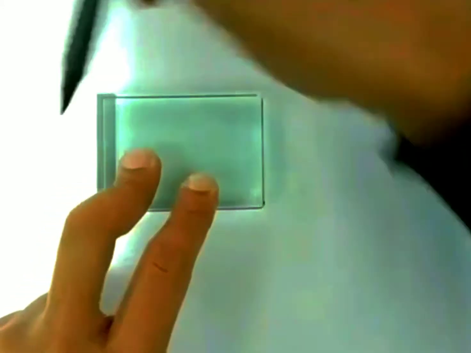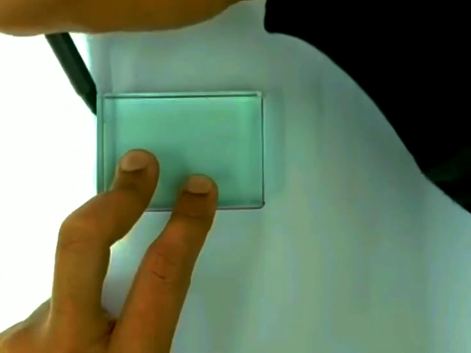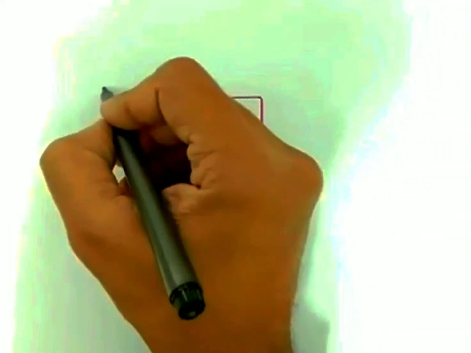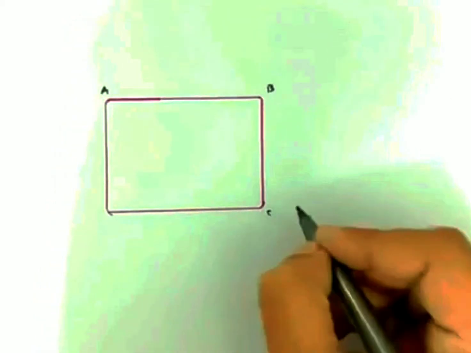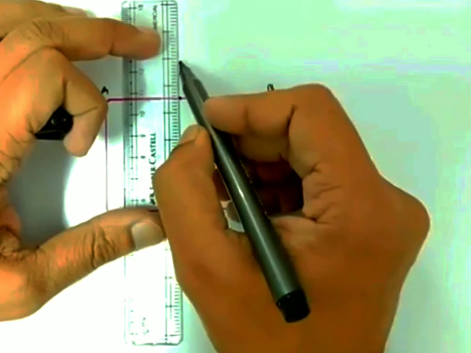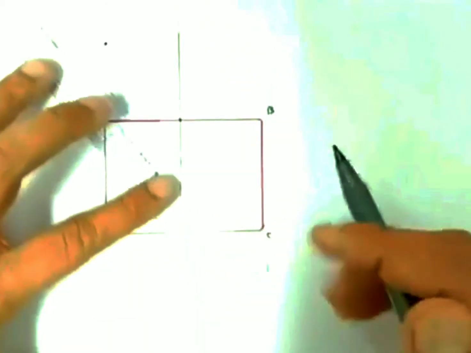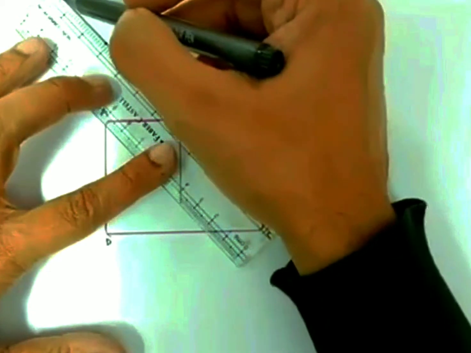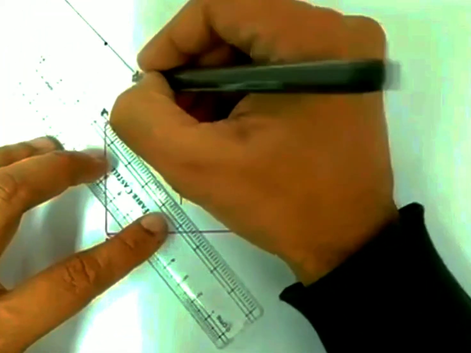After drawing this, now we will mark the edges as A, B, C and D and fix one point at the middle of AB and we will draw a normal at that point. Now we will draw an inclined line at AB, which we will consider as an incident ray.